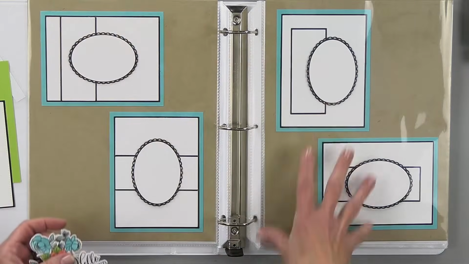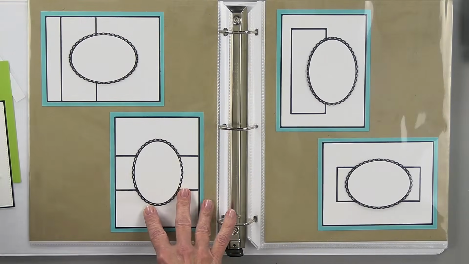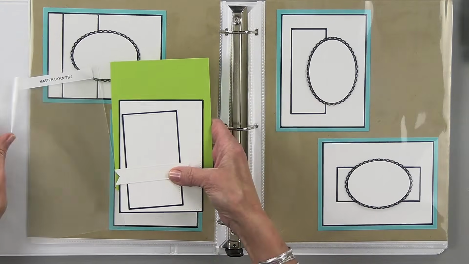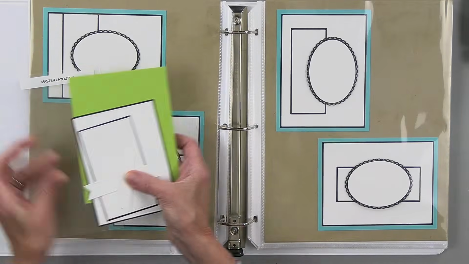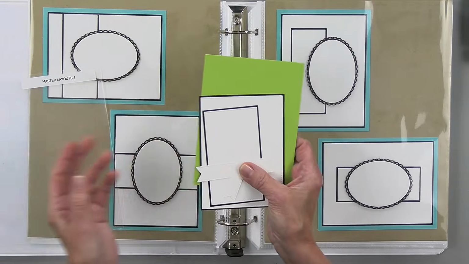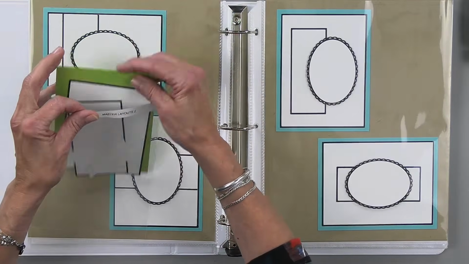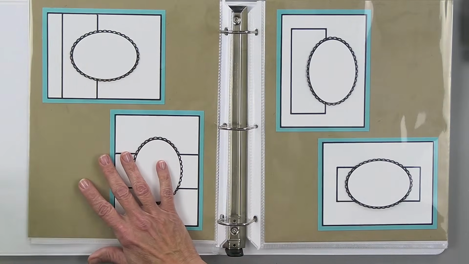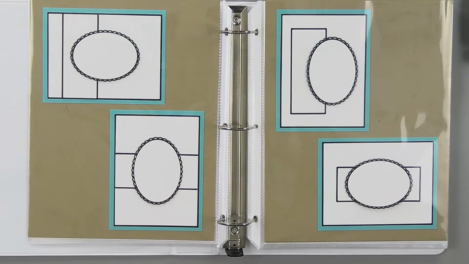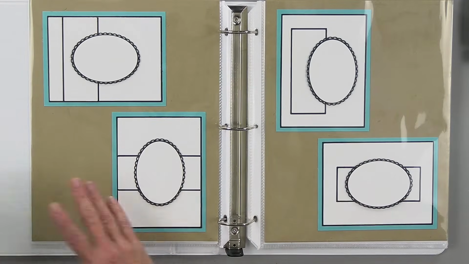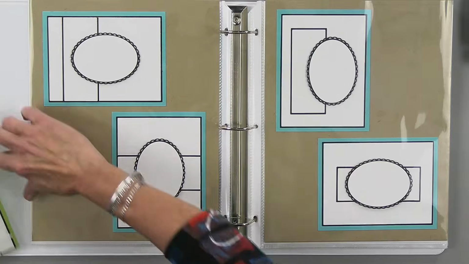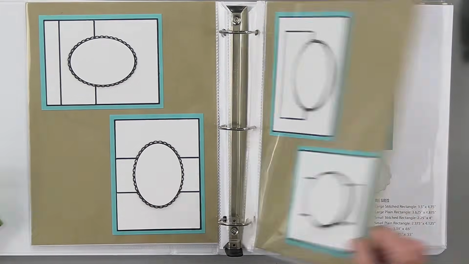That's what these were designed to do for you. But you can also get all of these out of the packages, Master Layouts 1 and Master Layouts 2, and mix and match the different pieces together so that 2 Master Layout sets create a whole ton more than just one set.